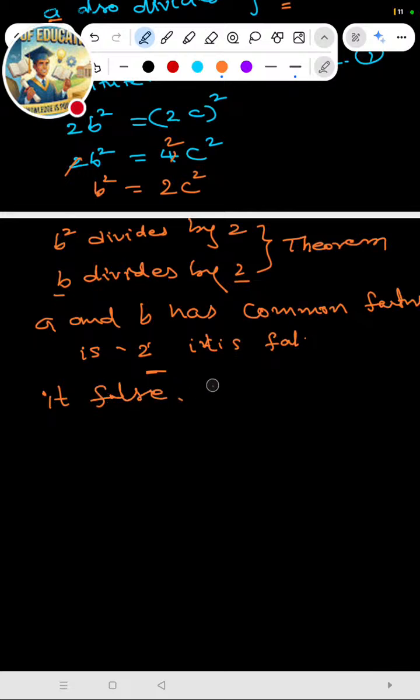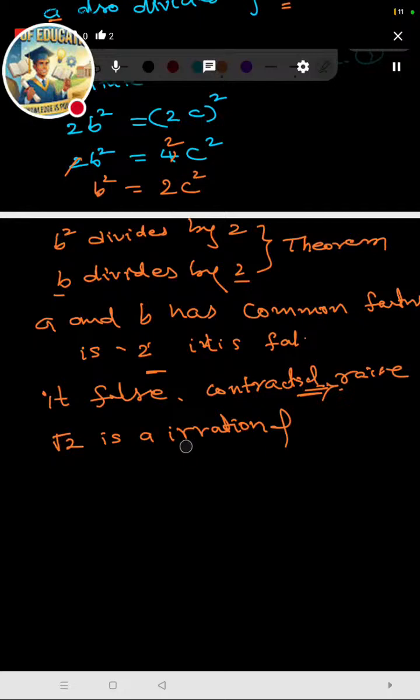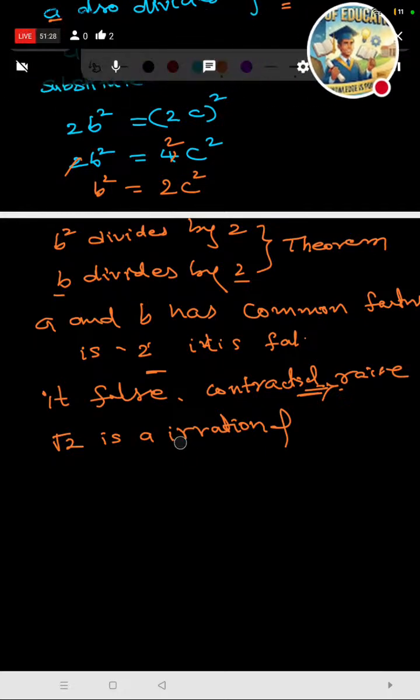So a contradiction arises. Our assumption is wrong, so root 2 is an irrational number. I hope this is understood.